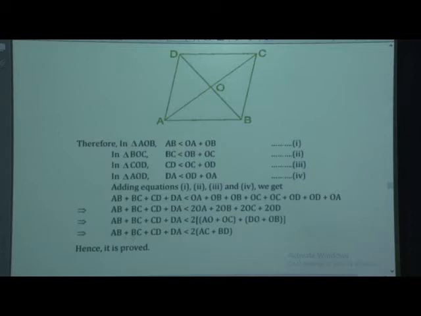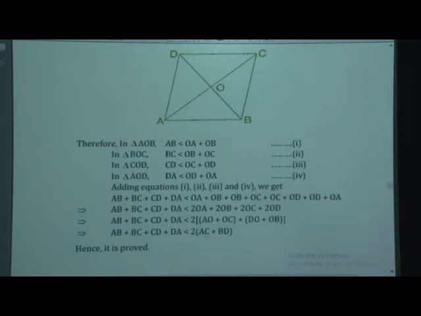So AB plus BC plus CD plus DA is smaller than 2 times, inside the bracket we write AC plus BD. Why is it AC? Because AO plus OC is nothing but AC. Sum of this AO plus OC is equal to AC.